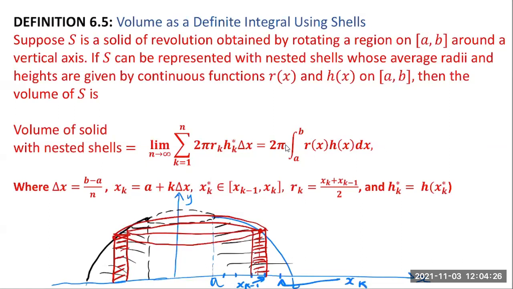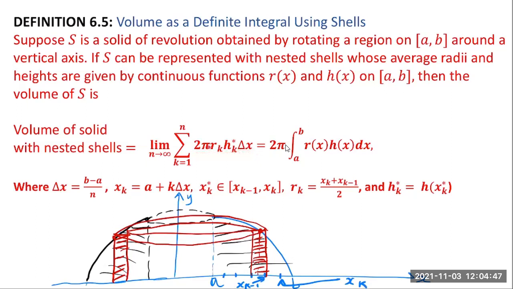Now, what I'm going to do is find the volume of that shell. For each interval, you get one shell. So let's find the volume of the shell for the kth interval. That volume is exactly 2 pi rk hk star delta x by the previous definition.